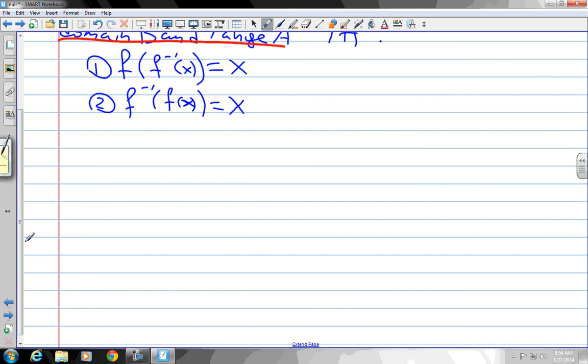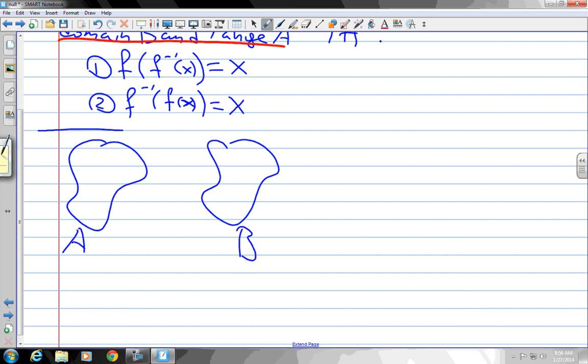Because again, if you think about this, if this blob is the set A and this blob is the set B, so if I take a point, let's call it x, from the domain, well then f of x will map it to some point in the range, right? f of x. Well then the inverse starts here, right?